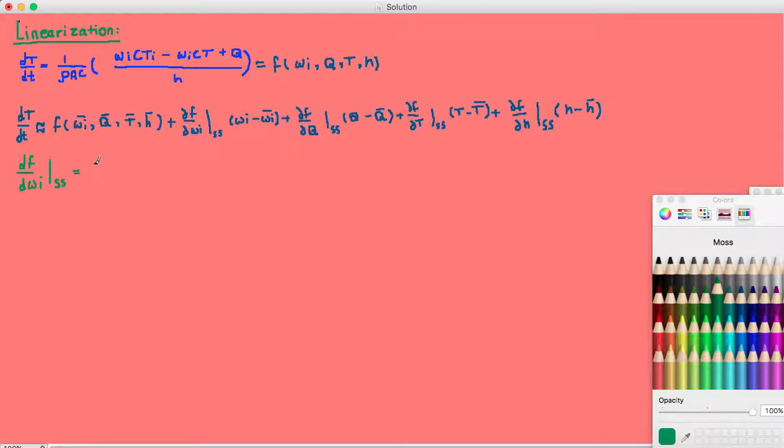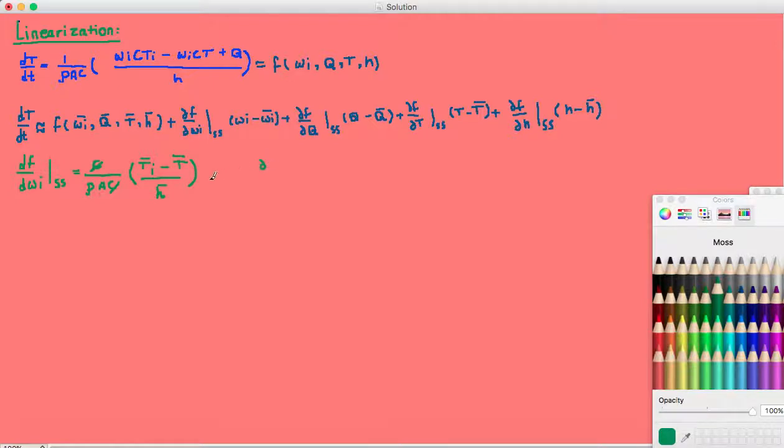So we write first the constant parameters outside the parentheses, rho A C, and then we take the derivative of inside the parentheses, so it would be C T_I, and C is also constant, and then inside the parentheses I will have only T_I bar and T bar divided by h bar. The C can cancel with this C.